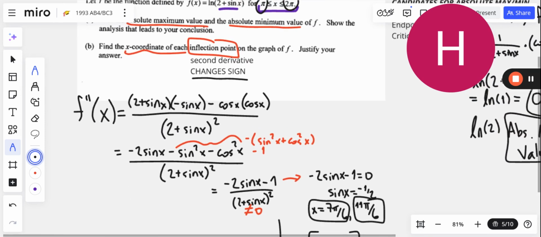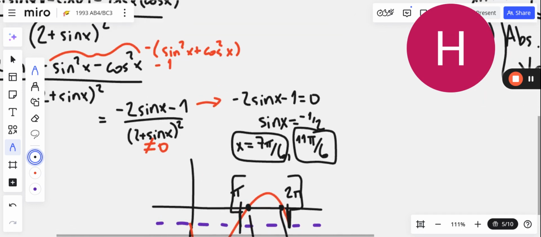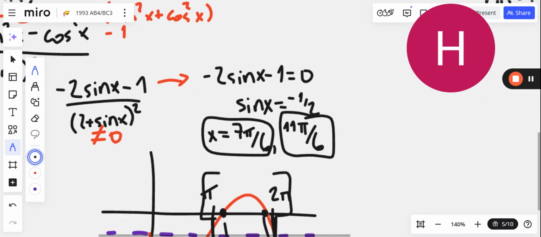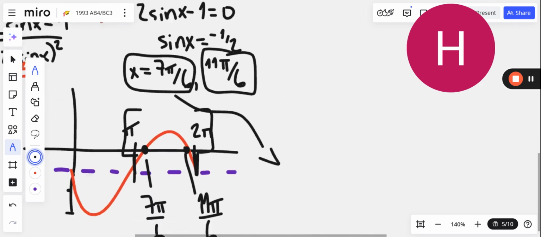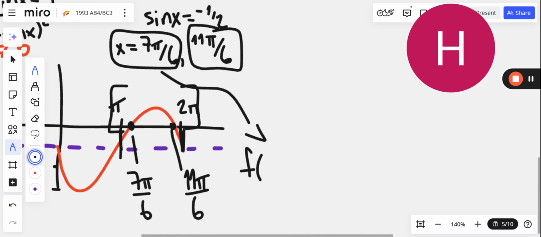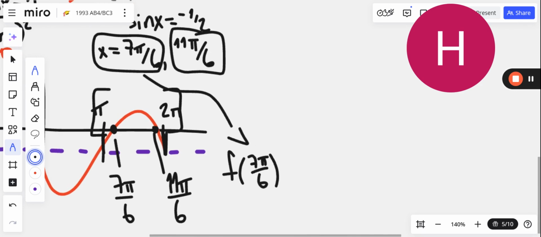They just wanted the x-coordinates of the points of inflection. If they needed y-coordinates, they would have you plug it into the original function. In fact, let's just do that. F of 7 pi over 6. You wouldn't necessarily need to do this on the AP exam. You would have other things to get to. But since we're here, we have the time. This is simply going to be ln of 2 plus sine of 7 pi over 6.